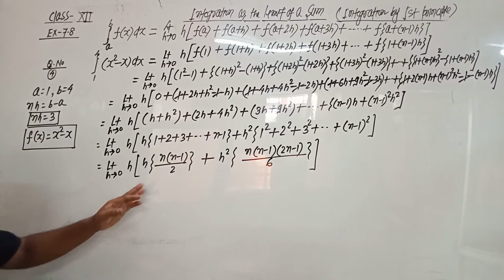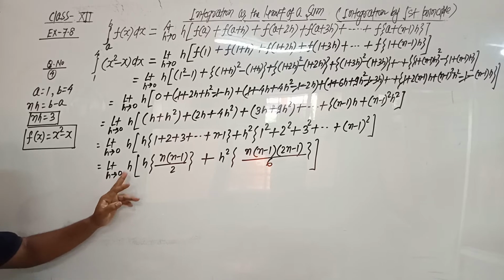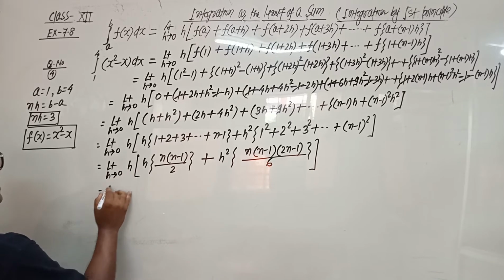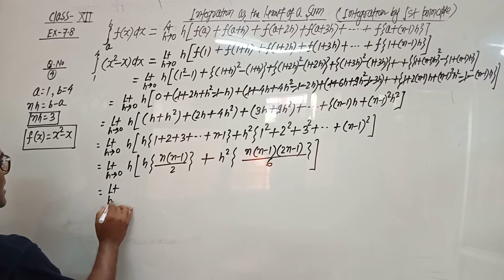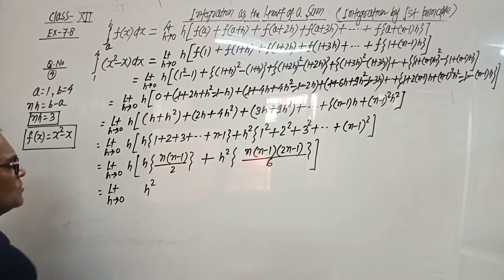Then we remove the bracket by multiplying the term outside, h. So we get limit h tends to 0, h into h square.